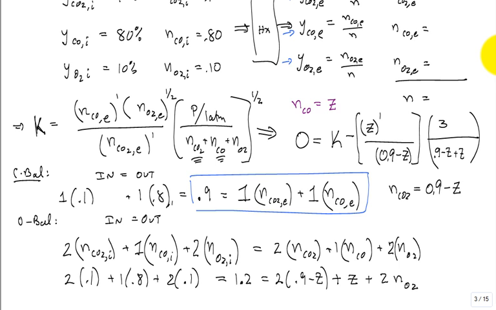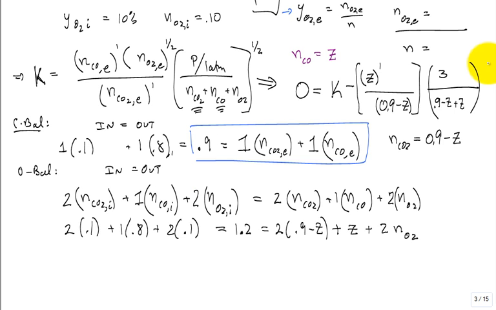I need to scoot down a little more. So with this equation, I'll pick up 1.2 equal to 1.8 minus 2Z plus Z plus 2 times the number of moles of O2 exiting.